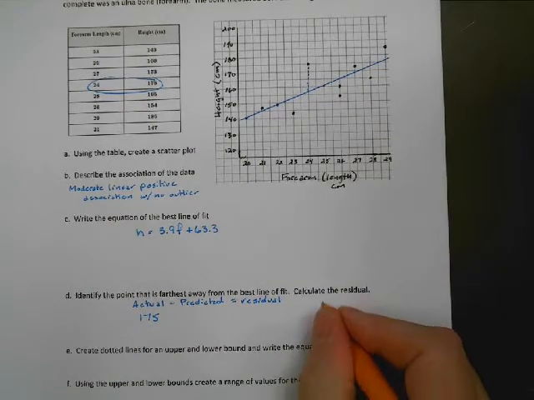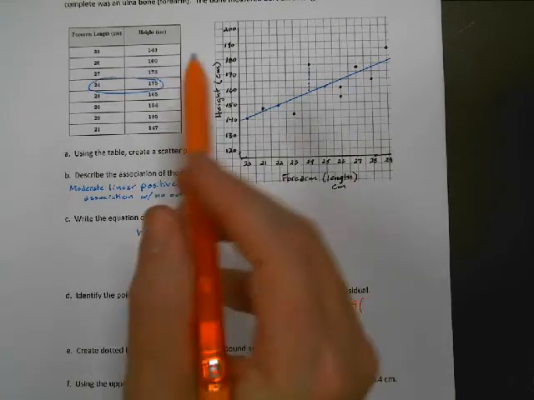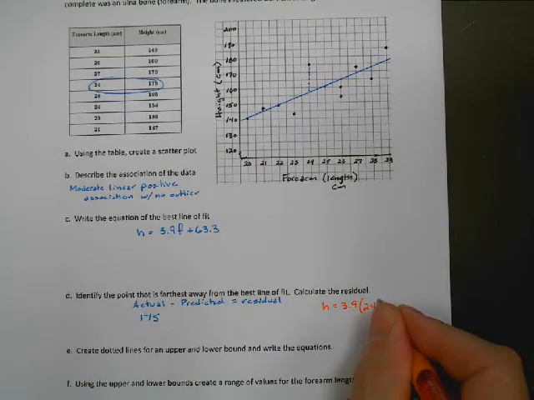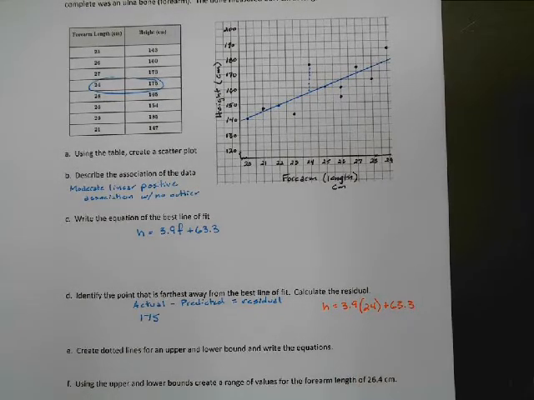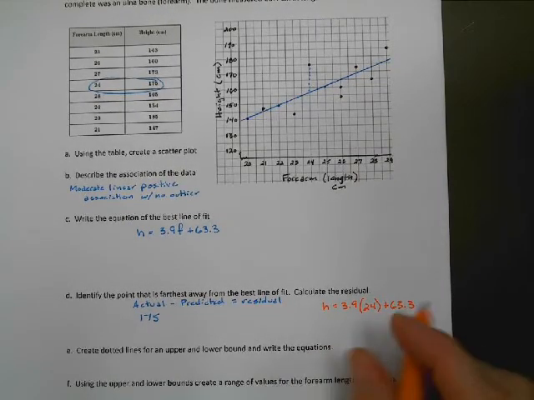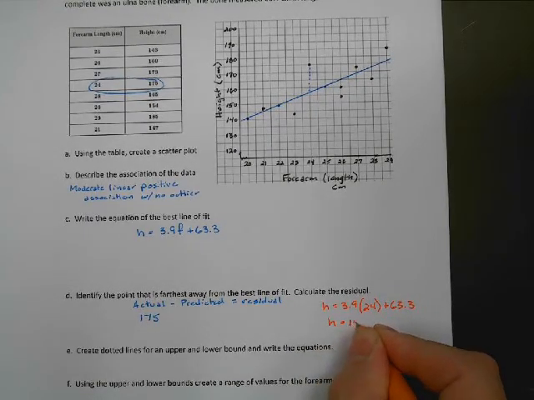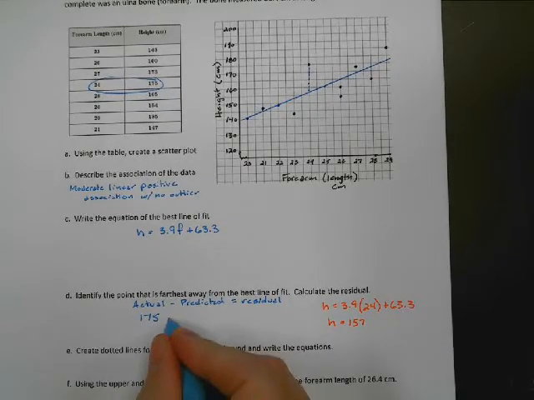So we're going to do H equals 3.9 times the forearm length, which is 24, plus 63.3. Comes out to 159.6. Let's just call it 157 and be happy with it. So this is minus 157.